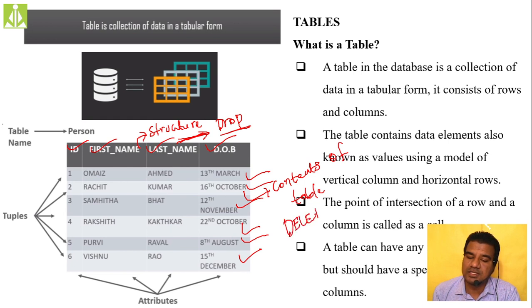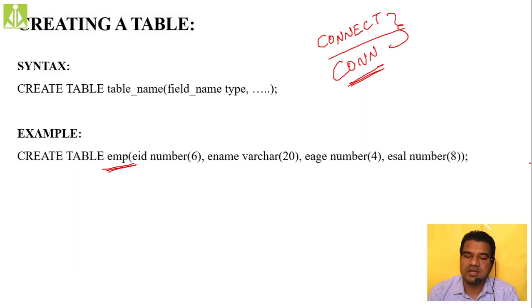This also we discuss in today's class. So deleting the complete structure, we use the drop command, and deleting the internal content, we use the delete command. These 2 things you have to remember. When we do the practice, you will understand this clearly.